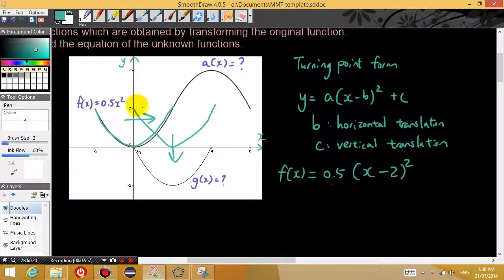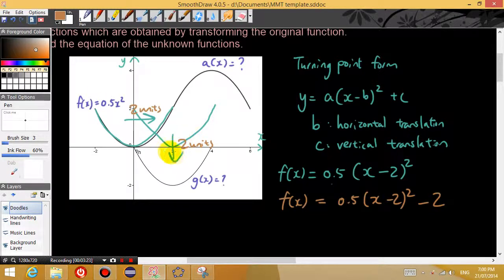So we move it 2 units to the right. So let's write that down. 2 units to the right. And then we move it 2 units down. So to shift it down, we would go f of x equals 0.5(x minus 2) squared minus 2.